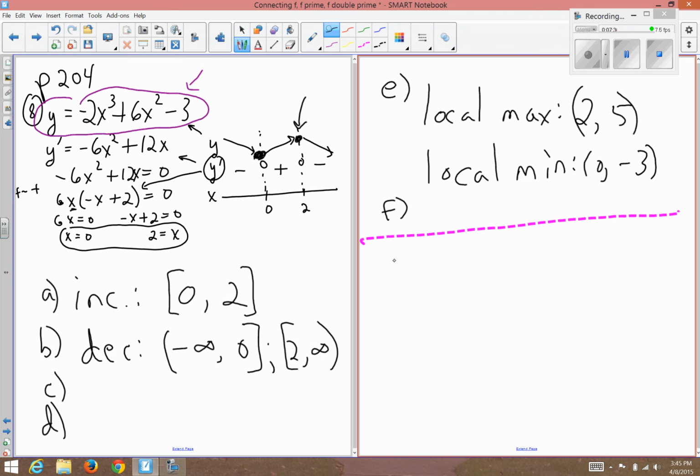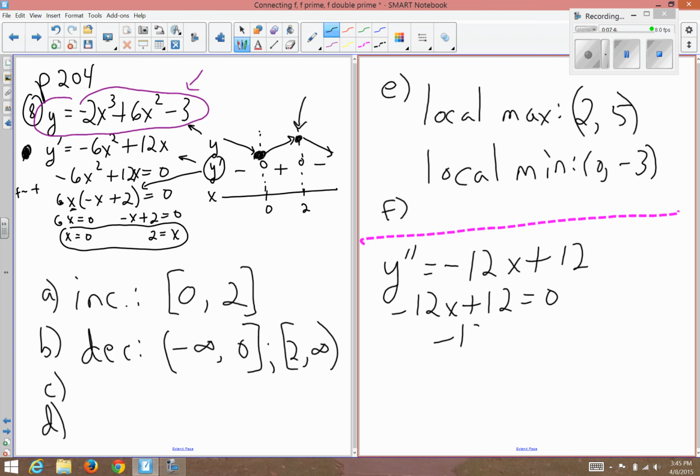So we're now going to find y double prime, the second derivative. The derivative is over here. The second derivative is negative 12x plus 12. The second derivative is 0 when x is 1.